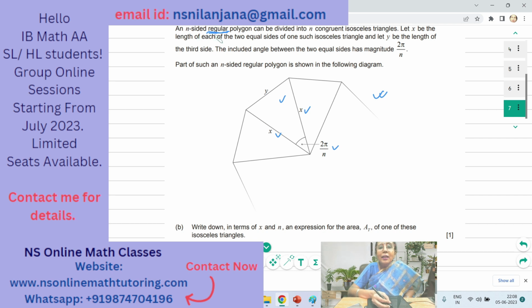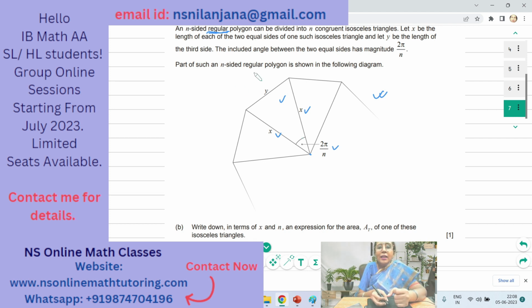It is an n-sided regular polygon, so you'll have n isosceles triangles. And since the total angle around this point will be 2 pi, it will get distributed between the n isosceles triangles. So each vertex angle of each triangle will be equal to 2 pi by n.